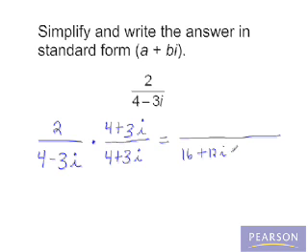Negative 3i times 4 is negative 12i. And negative 3i times positive 3i is negative 9i squared. The numerator will take 2 times the quantity 4 plus 3i, so we'll use the distributive property. 2 times 4, positive 8. 2 times positive 3i is positive 6i.